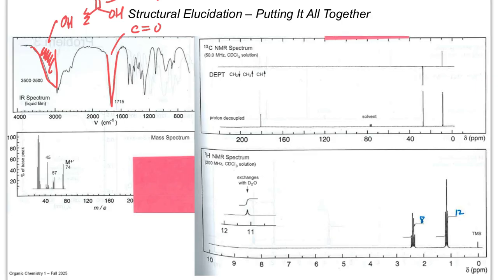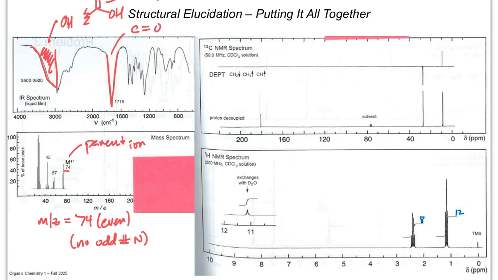Now, if we move to the mass spec data, we can see that the parent ion is 74. So 74 is even. So that tells us there's not an odd number of nitrogens present.